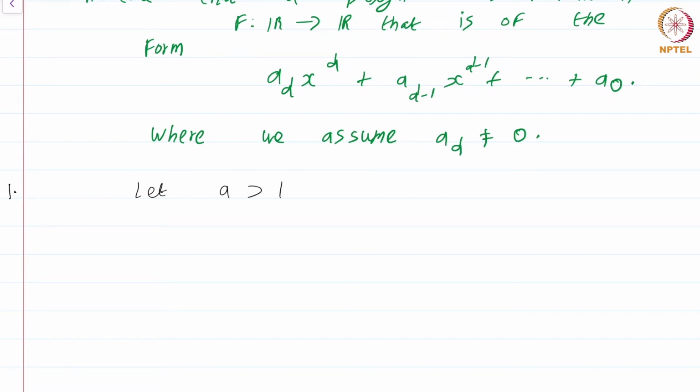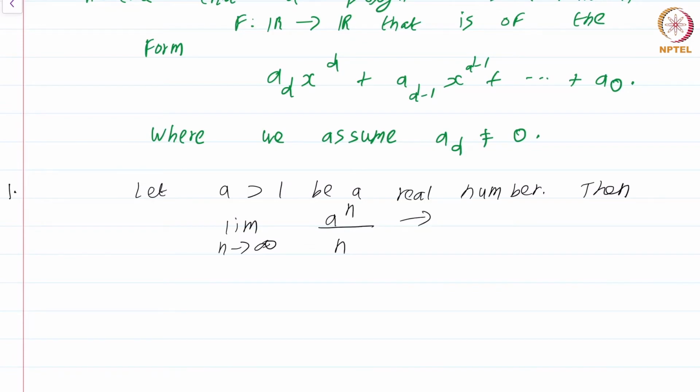Then the limit as n goes to infinity of a^n / n is in fact equal to plus infinity. In other words, this sequence a^n / n diverges to plus infinity.